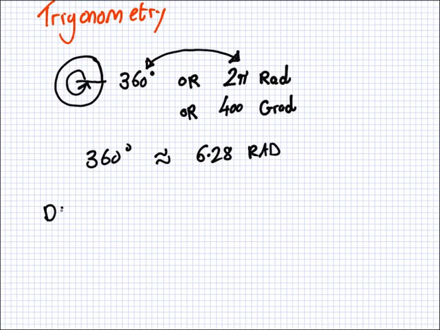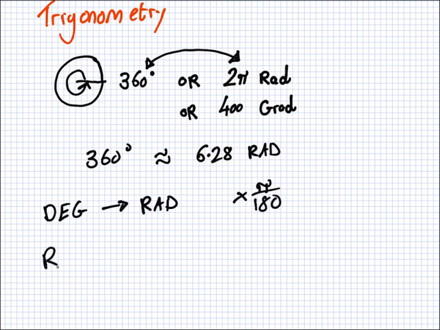If we want to go from degrees to radians, all we do is we take the degree and we multiply it by pi over 180. If we want to go from radians to degrees, we multiply by 180 over pi.